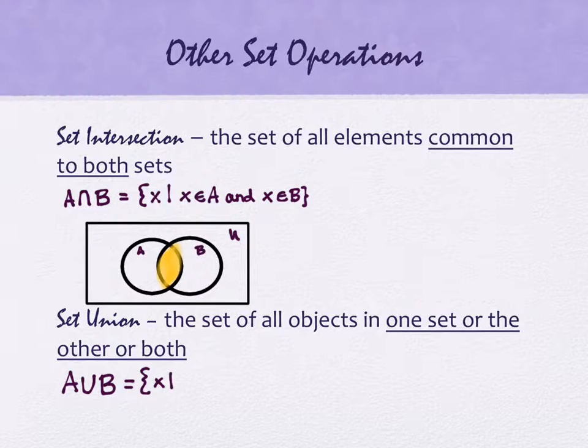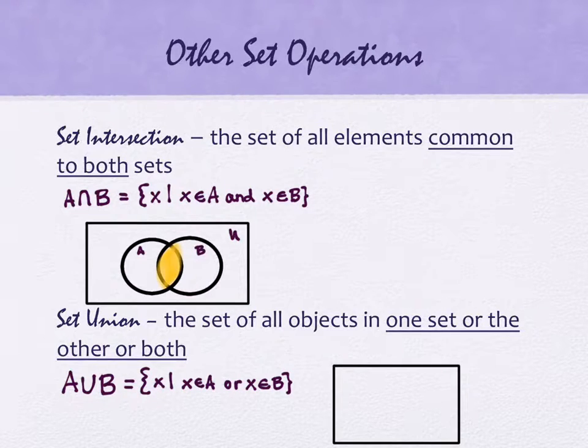This is the set of all x such that x is an element of A or x is an element of B. We don't really need to write "or both," but it could be both, and that would be okay. A Venn diagram for this would have a circle for A and a circle for B, inside my universal set, and everything in both circles is shaded in. We get it all.